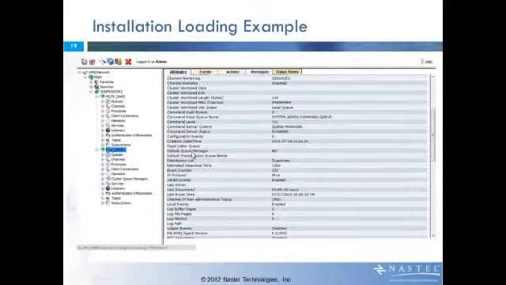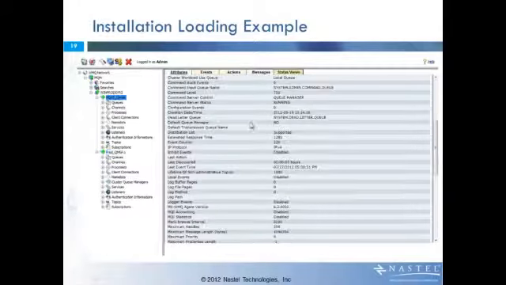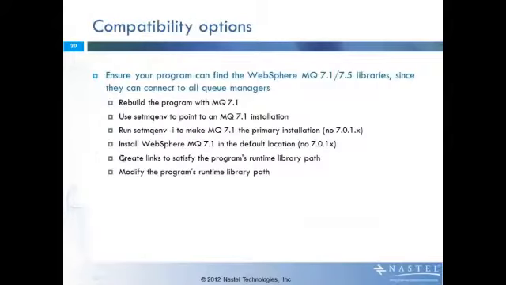Now, prod queue manager, you can see from the details, has a command level of 7.01. It's a 7.01 queue manager. But if I then look at 7.5, you can see that it is a 7.5 command level. So this single agent, because it's running with the 7.5 libraries, is able to connect to both the 7.5 queue managers as well as the 7.01 queue managers.